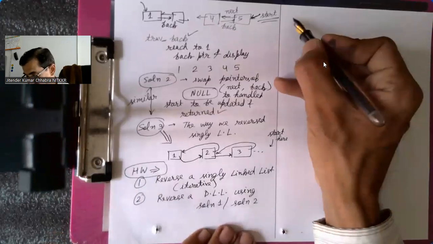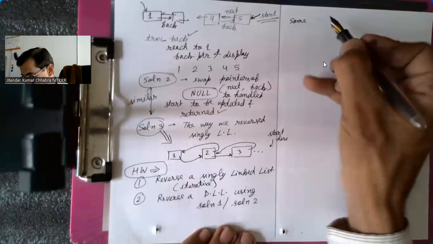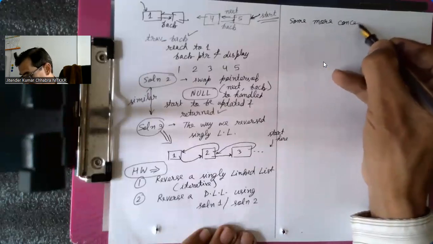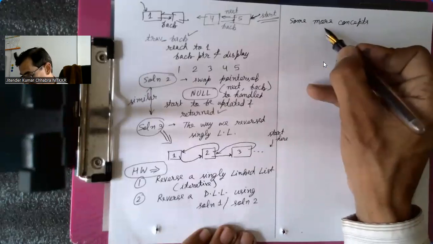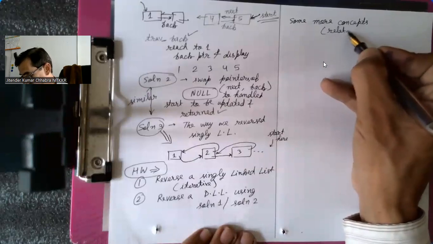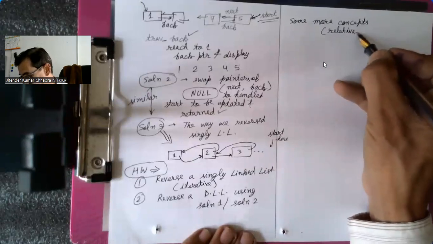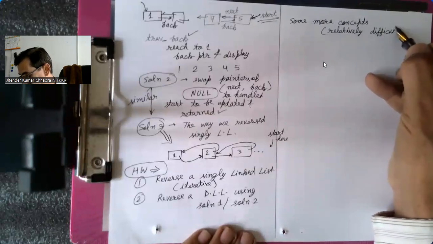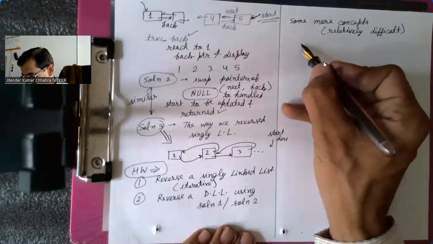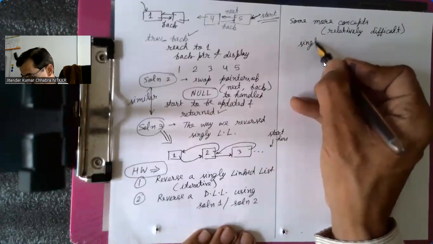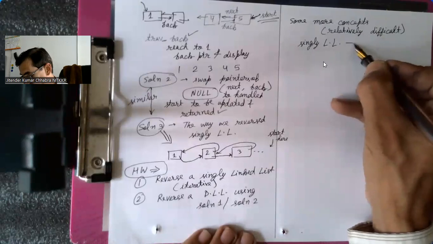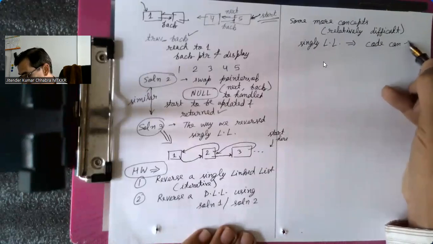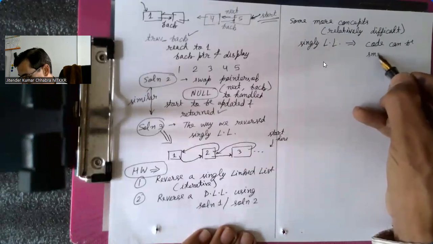Then, now, some more concepts, relatively difficult, not as simple as what we discussed till now. So those who don't understand this need not bother. This is a relatively difficult concept. First thing, the singly linked list reversal logic which we have written, the code can be smaller and still similar.